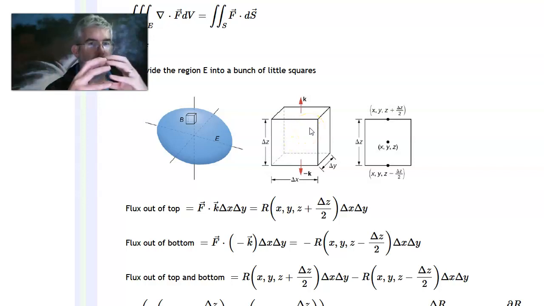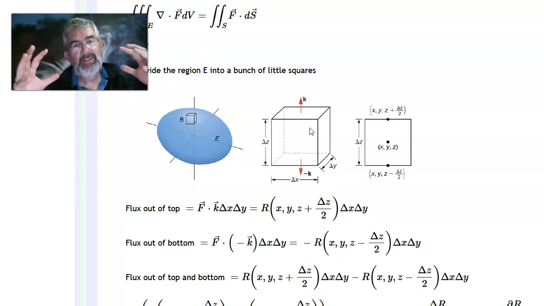So for any two cubes that share a face, the surface integral over that face is going to be a net of 0, because you get it positive for one and negative for the other. And so the only surfaces that don't cancel out are the ones on the edge of the region, because you don't have another cube sitting on the outside.